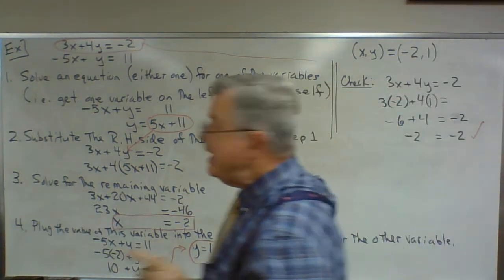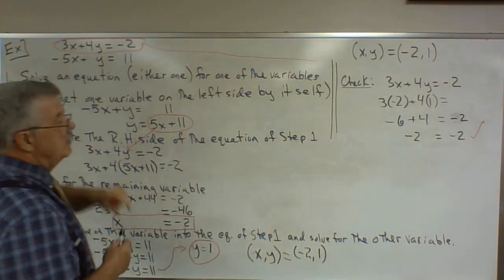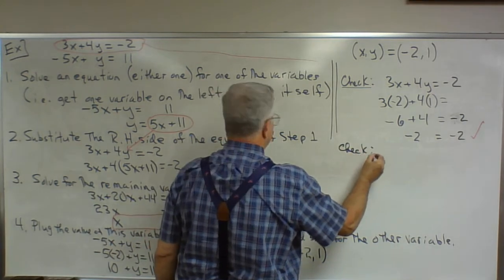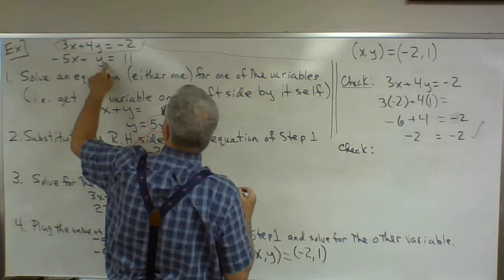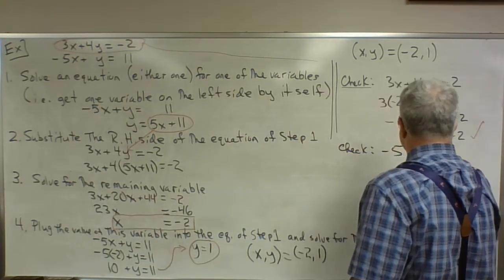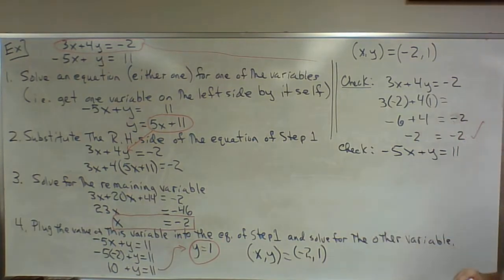Let's make sure it satisfies the second as well. Negative 5x plus y equals 11.